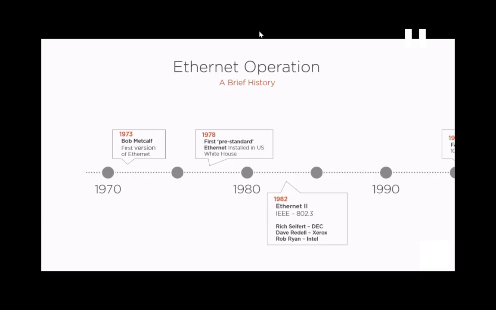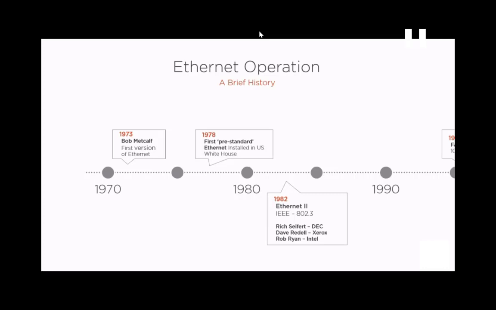They made a consortium which designed the Ethernet system, called Ethernet 2, and we call it 802.3 under the supervision of the IEEE. IEEE is an organization which sets the standards of communications. So the true Ethernet was formed in 1982, and we call this Ethernet 802.3.